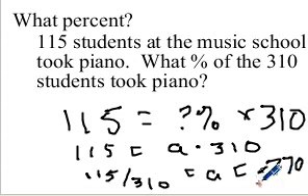Just move the decimal place over, and your answer would be 37%. Remember we estimated around 30-ish, so that's probably a reasonable answer. So 37% of the 310 students took piano.